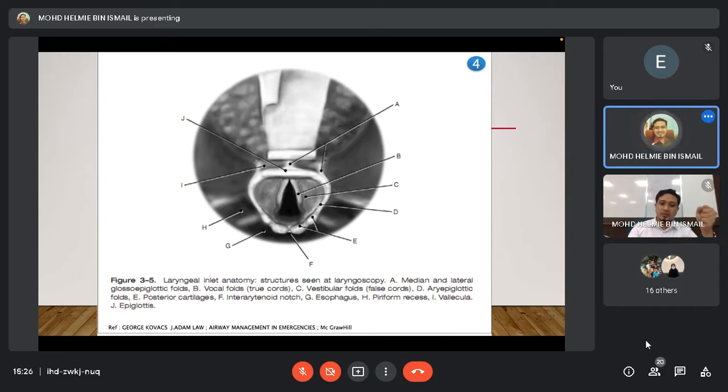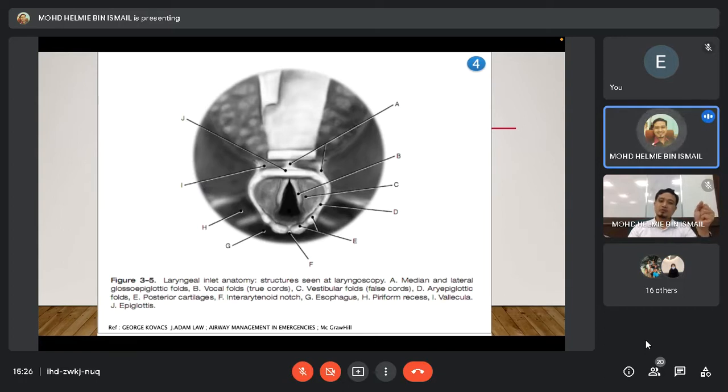When you see the Cormack sign, you need to depress a bit. You need to reduce the elevation, reduce the angle a bit until the Cormack sign disappears. Because when you have a Cormack sign, there is a difficult intubation.